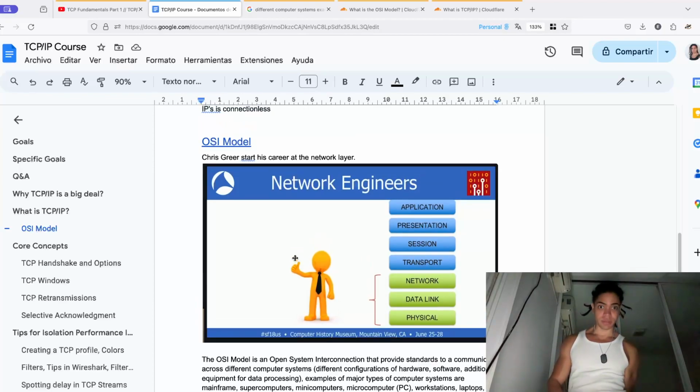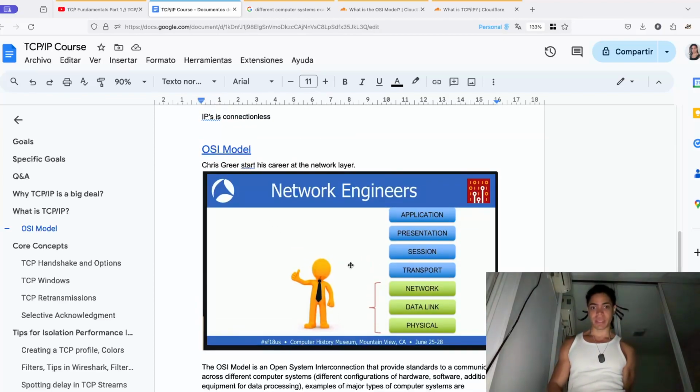And so Chris Greer says, hey, you know what? I started my career like that. He started his career as a network engineer. So the network layer, data link, and physical layer, something that I'm quite familiar with.